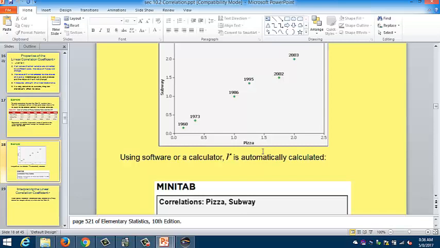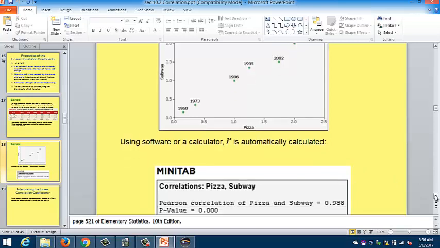So looking at the data here, is there a linear relationship? Well, yeah. It's almost a straight line through those points, right? There were 2 years that I think it didn't match exactly. And so it looks like someone was using Minitab when they did this.